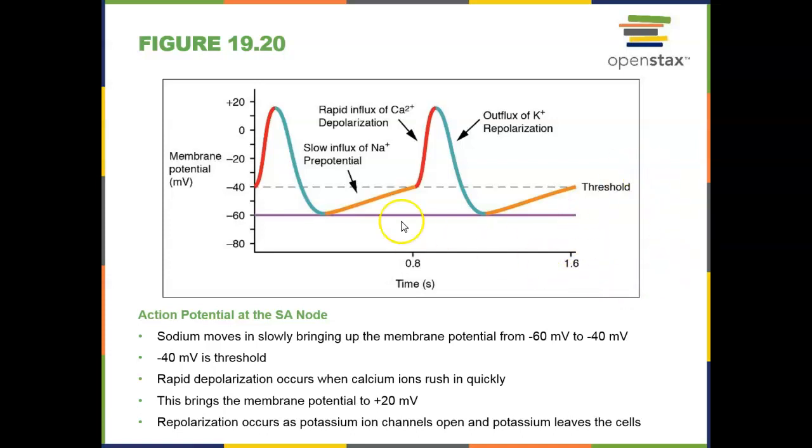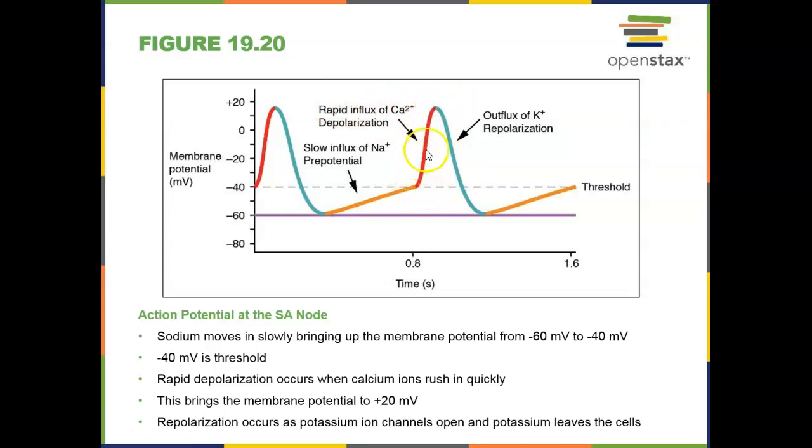So this happens because we have sodium slowly moving in. This brings us up to that negative 40, which is threshold. And as soon as we hit threshold, sodium channels open, but also calcium ions are going to start flooding in. So you have calcium channels open. And that brings us very rapidly up to about a positive 20 millivolts.